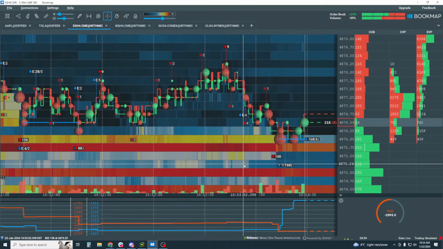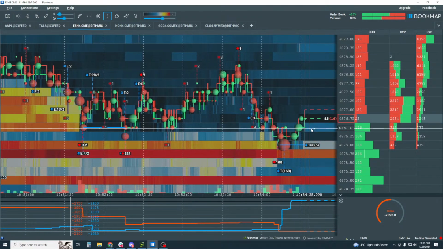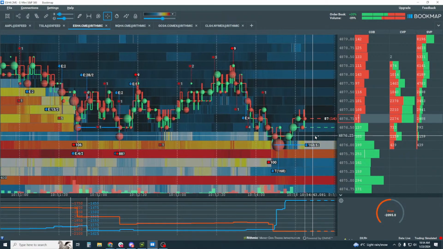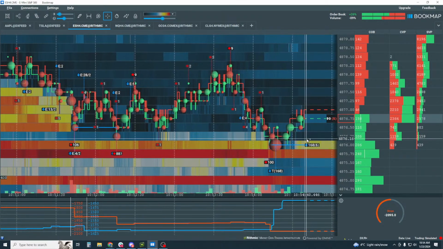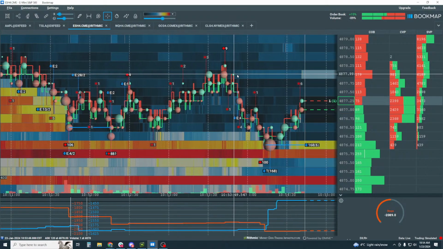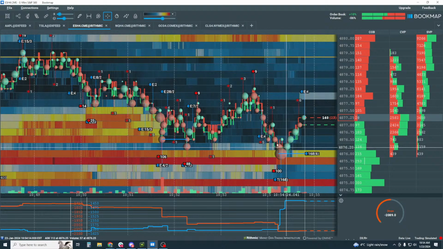Still in there. There's a little more demand. See how the reaction is here to this liquidity on the bid. I am looking for the buyers to test up to 78 here.